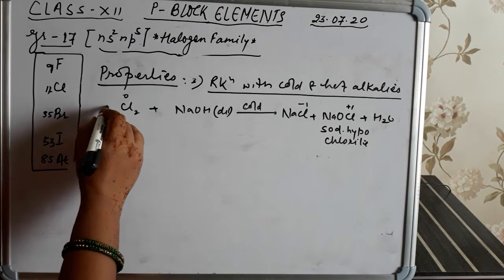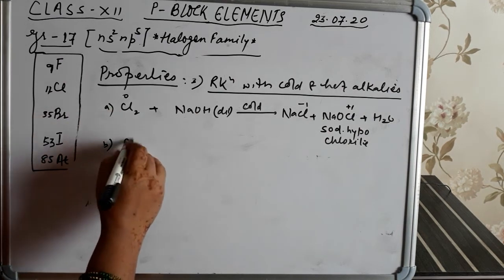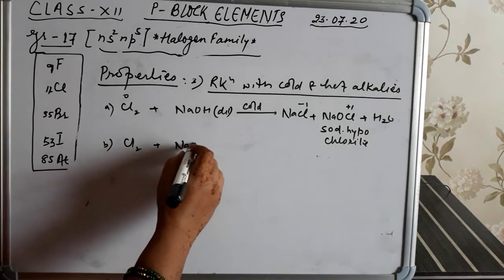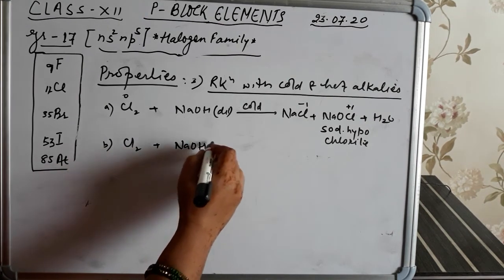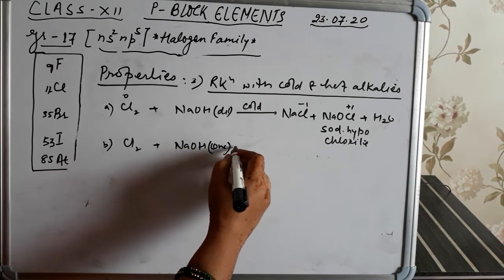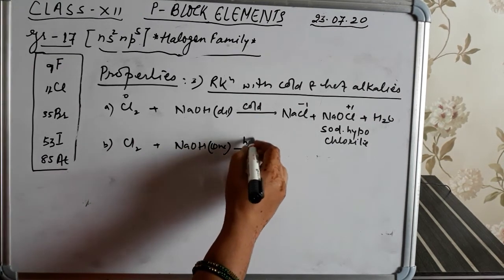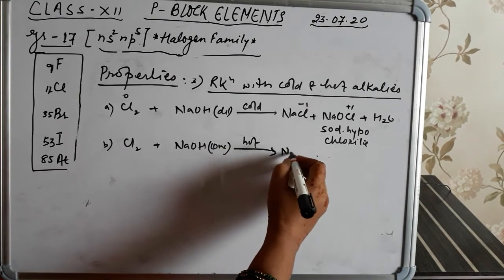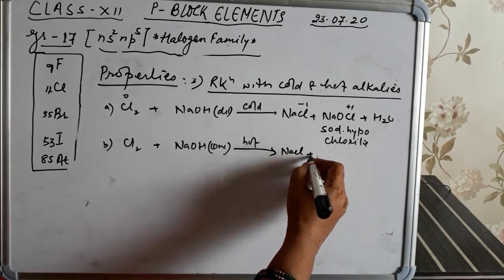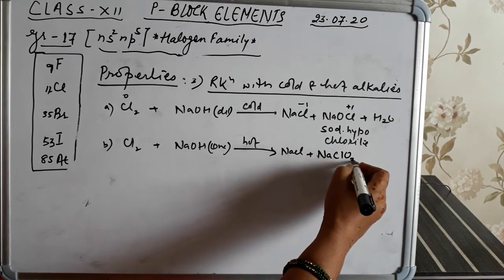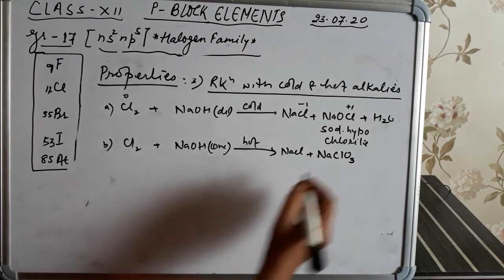What happens if chlorine is treated with hot and concentrated sodium hydroxide, NaOH? So NaCl forms plus NaClO3, sodium chlorate.